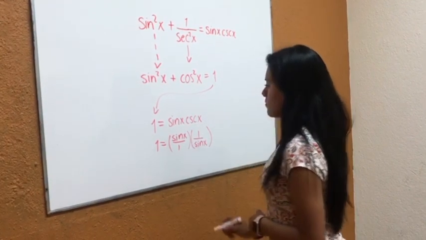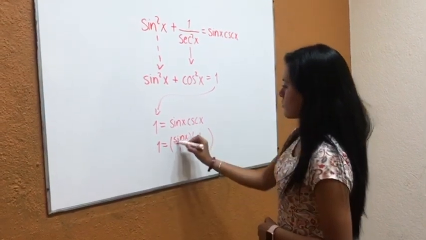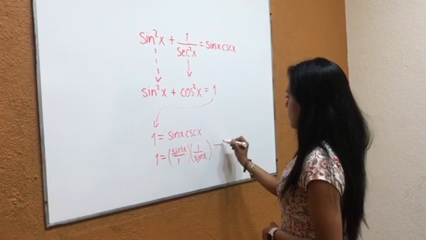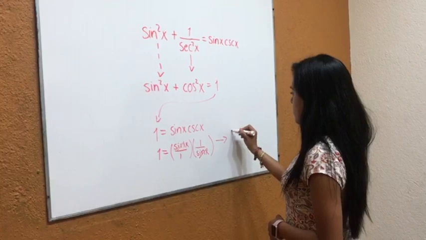So now we can cancel both sines of x, and we know that 1 divided by 1 equals 1.